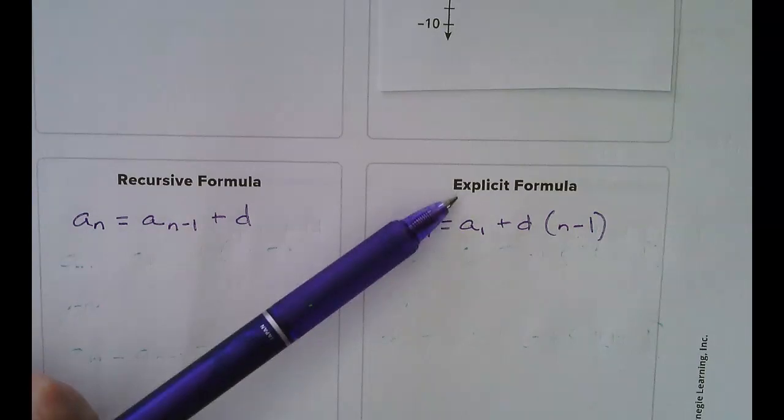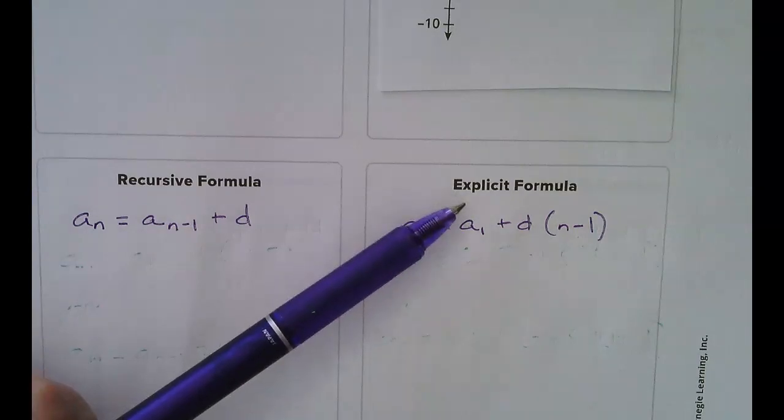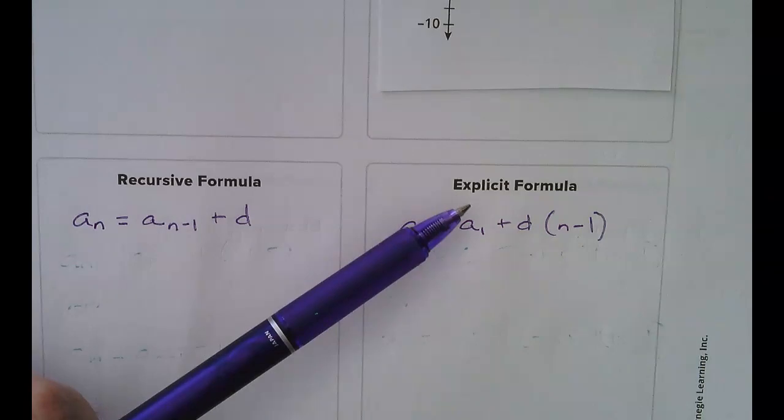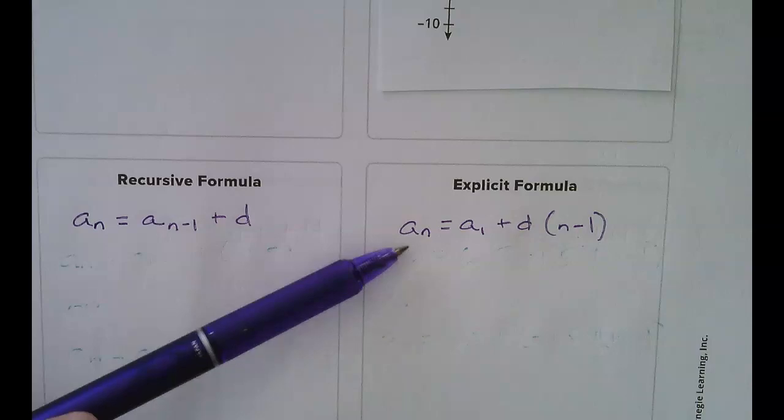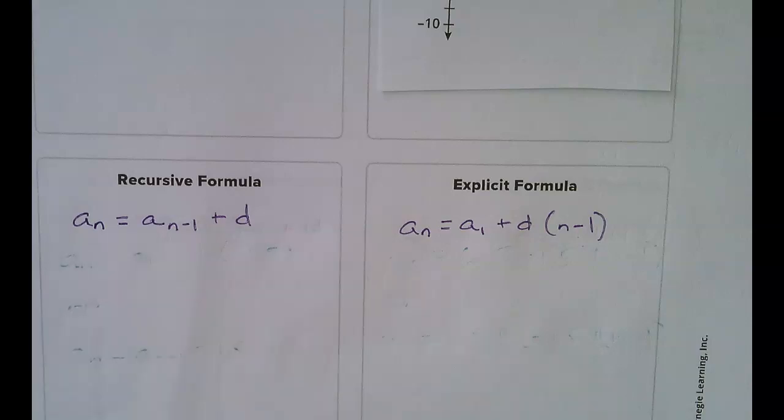We use the explicit formula if we do not know the term that came before. For example, if we only knew the first 3 terms and we were looking for the 100th term, we wouldn't want to have to calculate the 99 that came before. We would want to jump straight to the 100th term using the explicit formula. But let's start with writing the recursive formula.